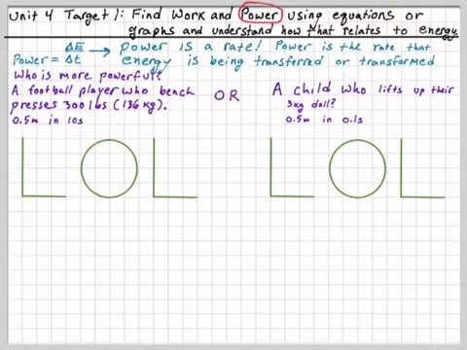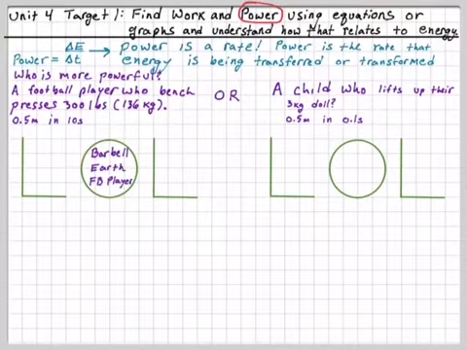All right, so we'll do that in the context of our LOL diagrams, because that really helps us visualize what energy is being transferred or transformed. To simplify this problem, I am going to make our systems include everything, all the objects that the energy is being transferred or transformed within. That way we're going to have no work done in this case.